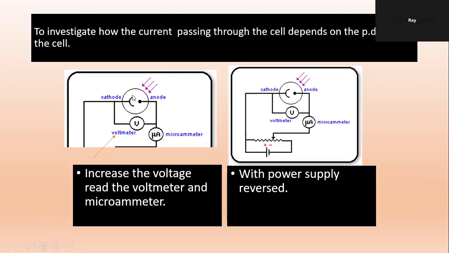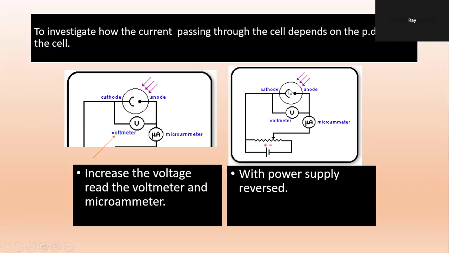There's a photocell. Usually the cathode is made of photosensitive metal, and the electromagnetic radiation will fall on the cathode. So you have to look at the power supply. In this case, the cathode is positive.